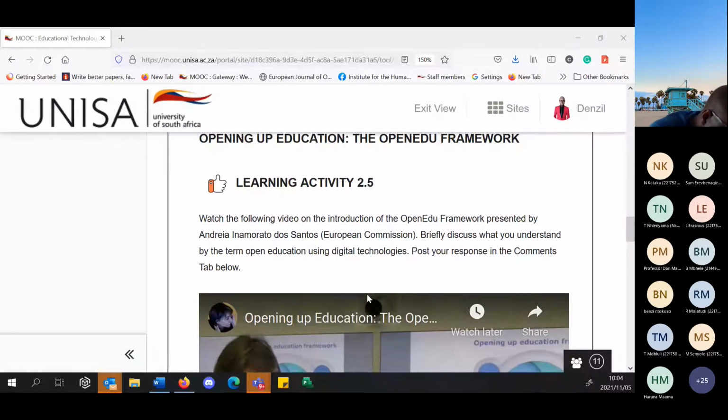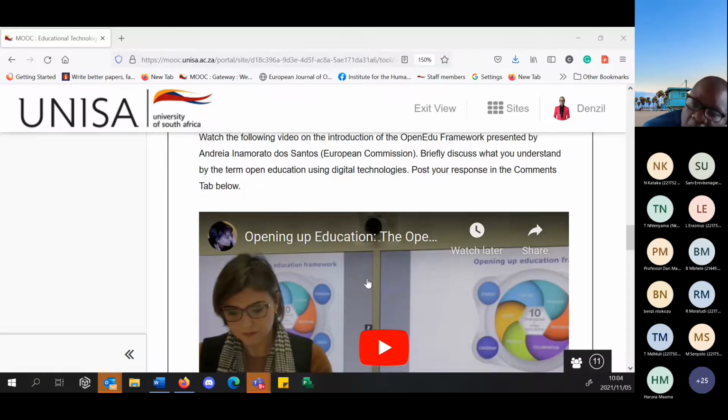Because when it talks of openness, it also starts to bring out a conversation on what we mean by open technologies, right? And open technologies is not just technologies that are openly accessible, meaning free to use. It goes beyond that to talk about the skills that are needed by our students.